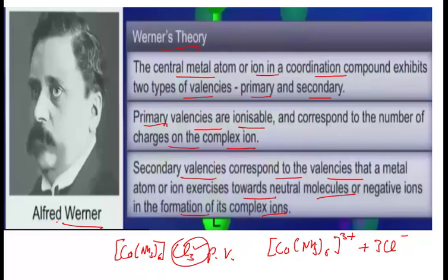Secondary valency refers to the number of ligands forming coordinate covalent bonds with the central atom. These ligands may be neutral or negatively charged. This gives us the secondary valencies. We will take up each one of these in detail.